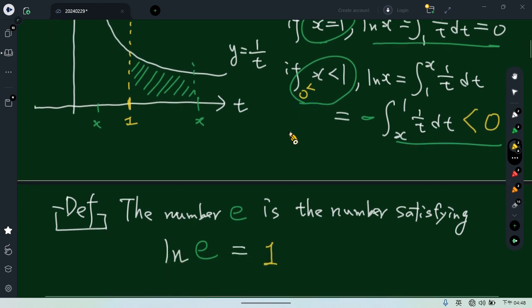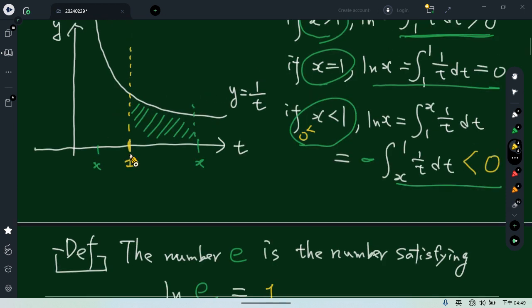What does it mean? As x is far away from 1, you can see the ln x value will keep going up, right? It will increase. For example, in the beginning, if x is 1, then the number is 0.